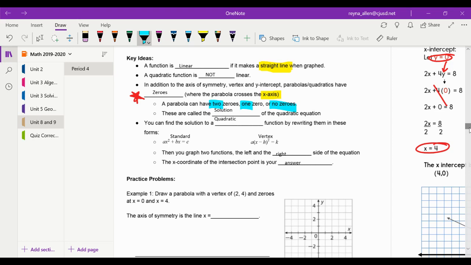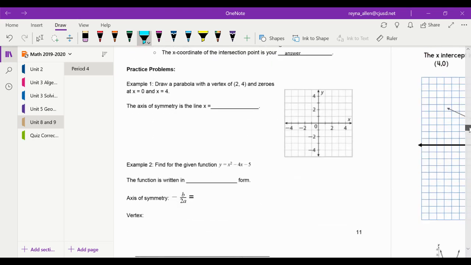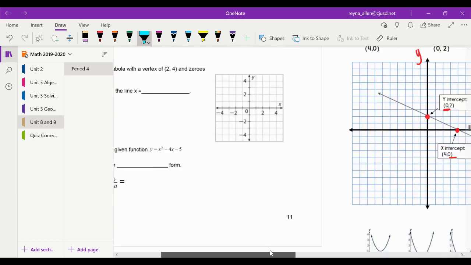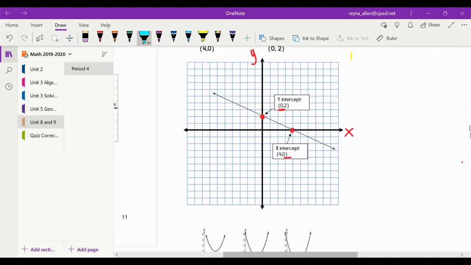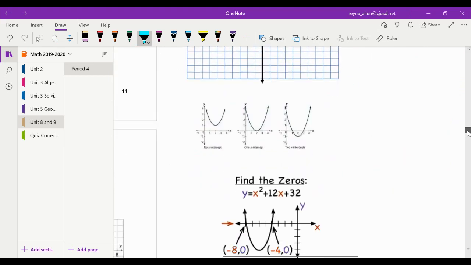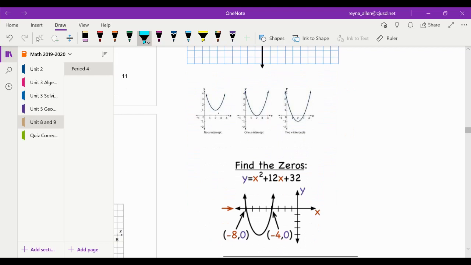So I'm going to show you what this would look like. Your zeros are where it crosses the x-axis. For this first example, it does not cross the x-axis at all. So there are no zeros.